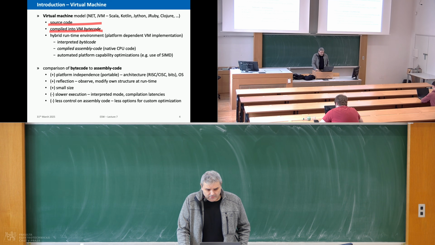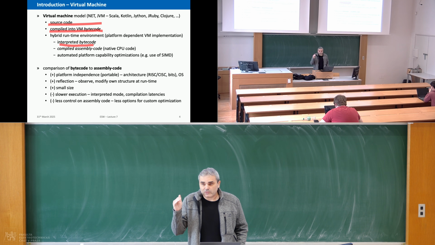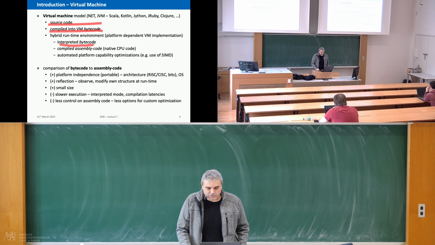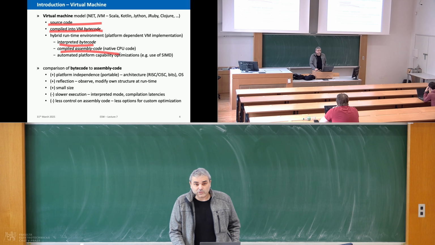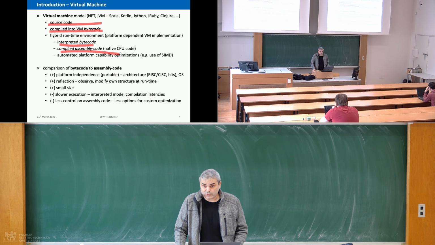The execution of the bytecode is by default done in interpreted mode, which means that there is a kind of interpretation: take one bytecode instruction, evaluate what it is, execute it, then take another instruction, and so on. Another execution mode is compiled, where your bytecode is automatically compiled by just-in-time compilation into native assembly code for that particular architecture where the runtime is running.